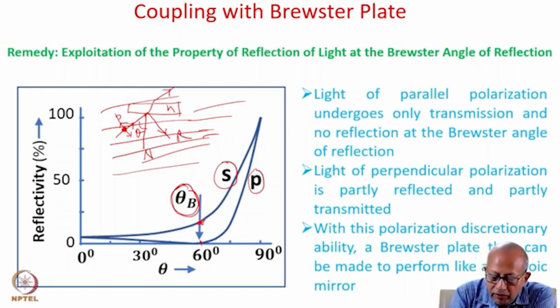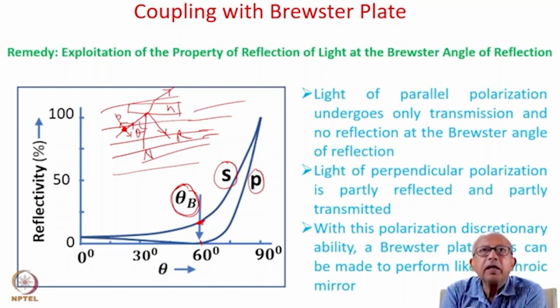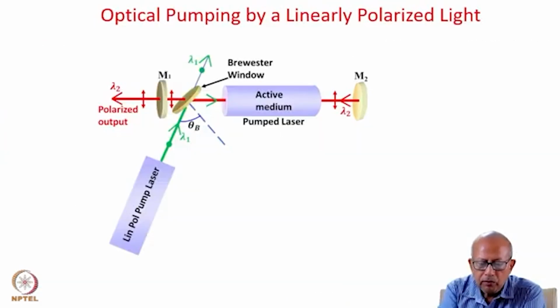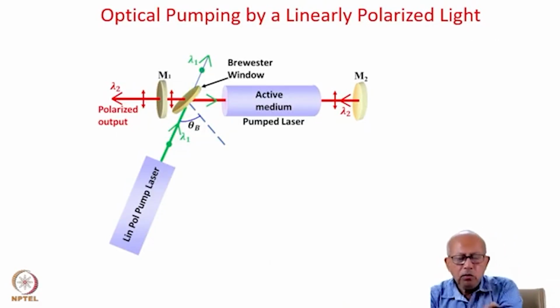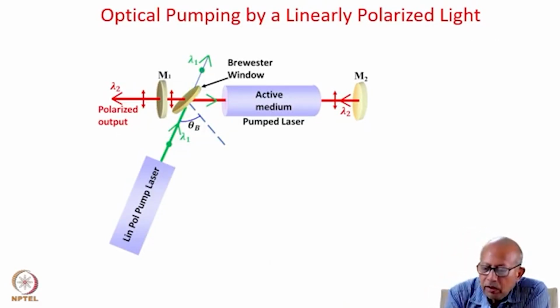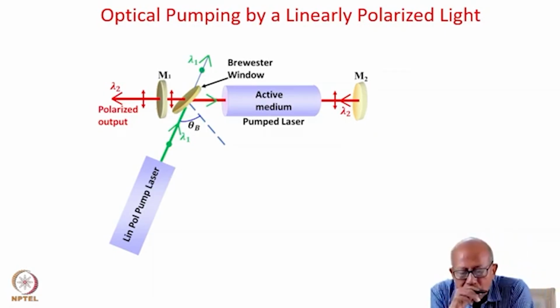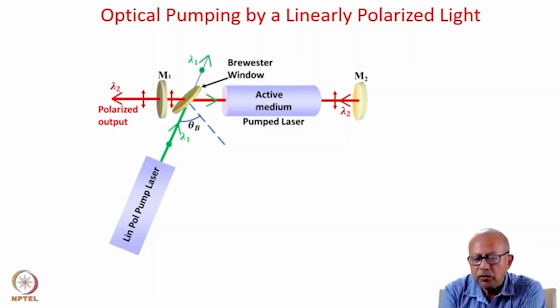We take advantage of this property for this application, where it can replace a dichroic mirror. So how do you do it? You use such a Brewster plate and put it as an intracavity element in this optically pumped laser. Let us see how it works.